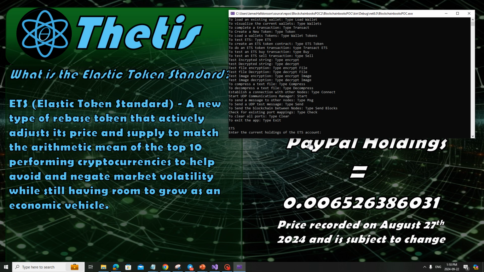But when you have a PayPal holdings account built directly into the protocol, that's a completely different story, because then the liquidity is 100%, or I say approaching 100%, because there's some room for fluctuation, so like 98, 99% at any point in time. But we'll look at how that works in 1 second here.